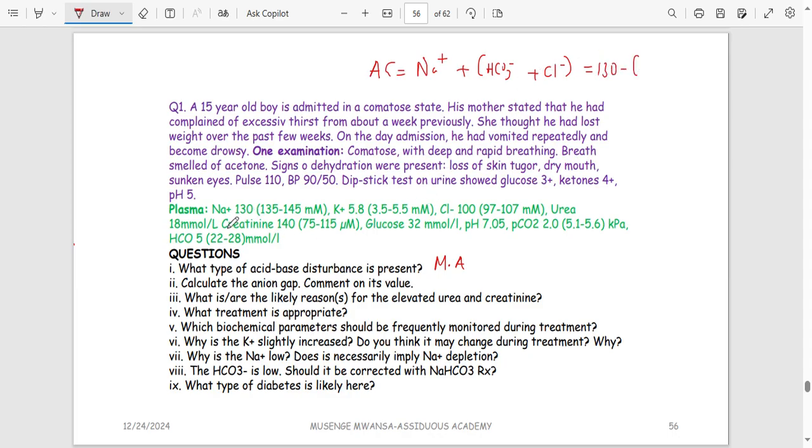We don't use the standard bicarbonate, we use the actual bicarbonate. So if they've given you SBC, you don't use that, you use the bicarbonate itself, which is 5 here, plus chloride is 100. So this is going to give us 25. The normal is 10 to 20, so this is high. So, commenting on its value, it is high.